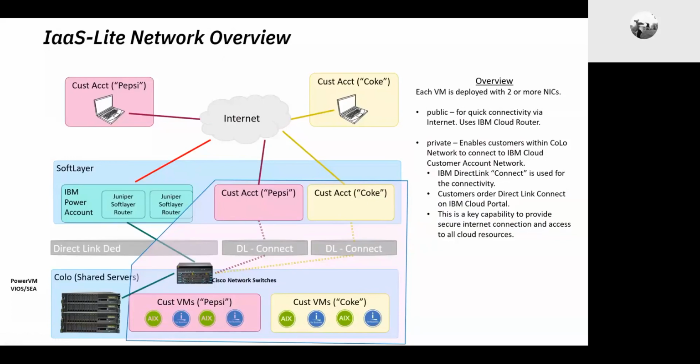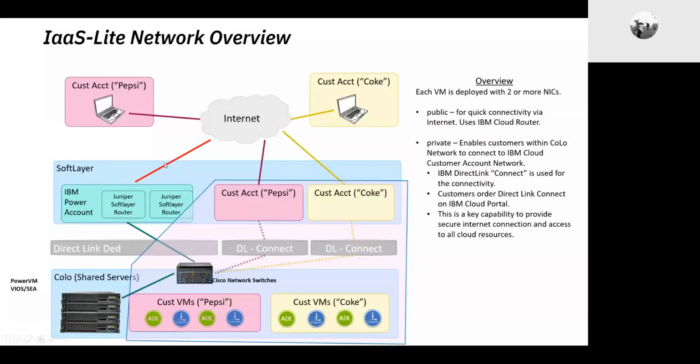So that's public networking. Now, we don't charge for public networking. If you look carefully at the billing, there is no charge for public networking. So all the traffic that we flow over this Direct Link Dedicated in order to get from the x86 side of cloud to the power side, we don't charge you for that.